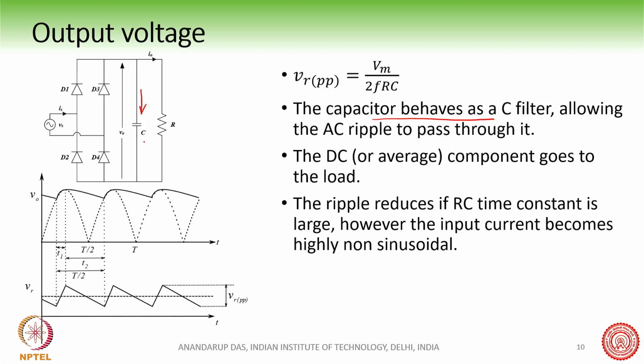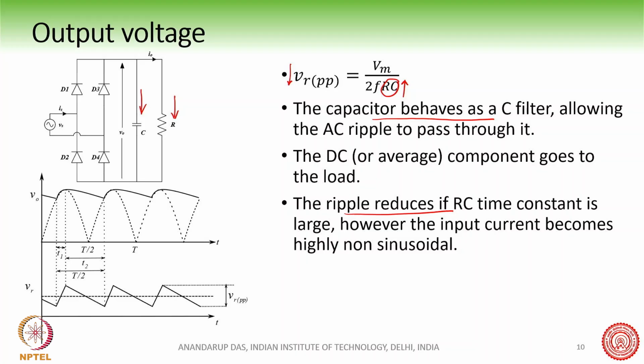So the AC component will pass through the capacitor and the DC part will go through the load. We can also understand that the ripple will reduce if this RC time constant is large. The ripple will go on reducing.